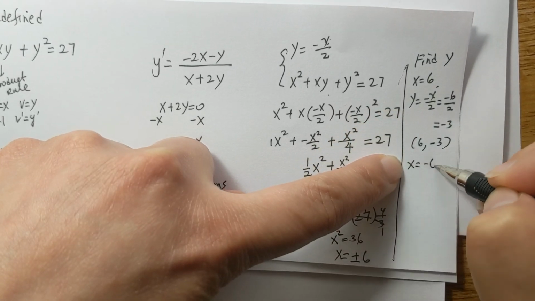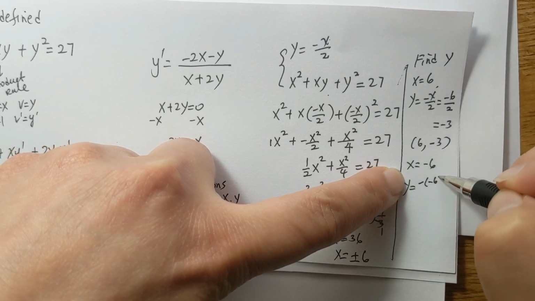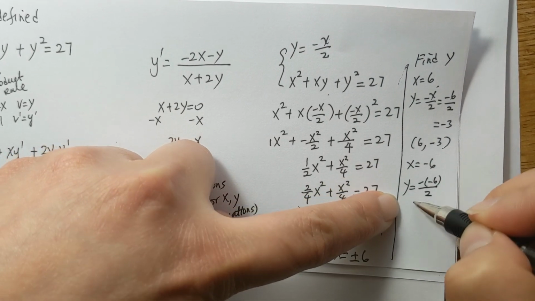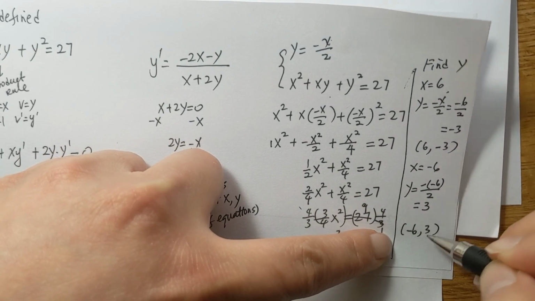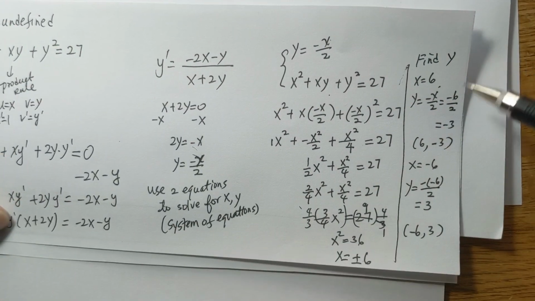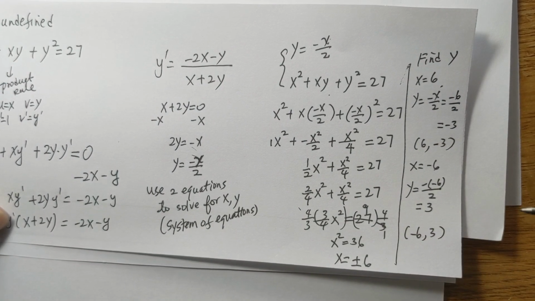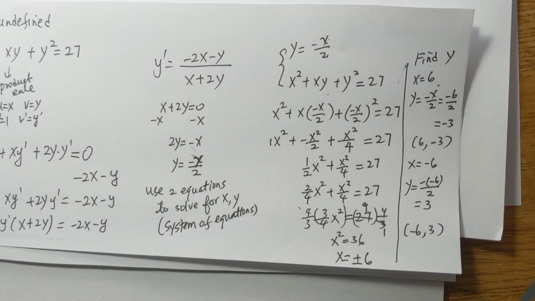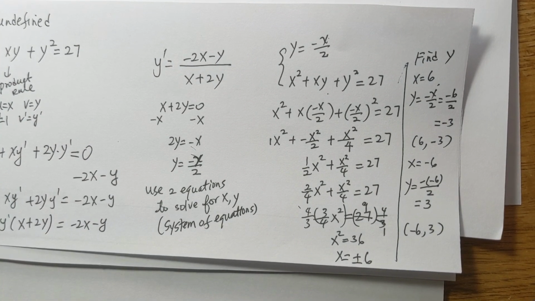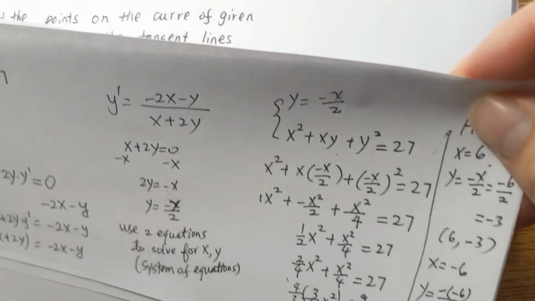When x equal to negative 6, y equal to negative x over 2, so that's 6 over 2, which is 3. So we got the second point. We found both points, 6 comma negative 3 and negative 6 comma 3. So we finished question number 3.